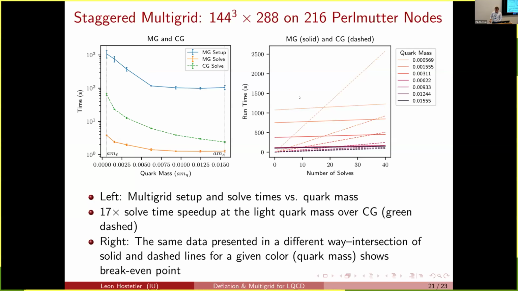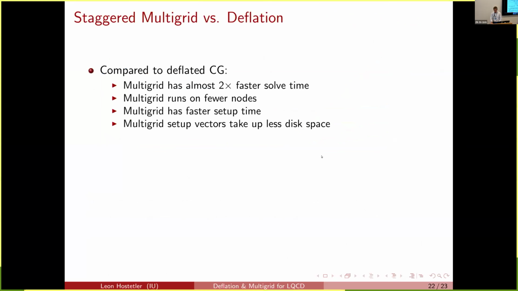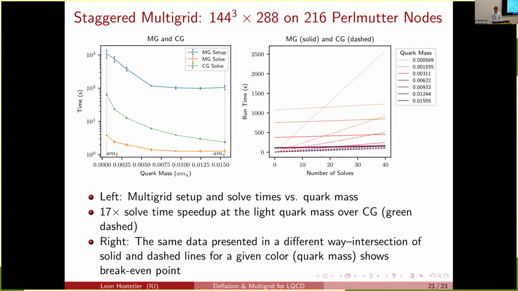The multigrid is given by the solid line, which has a much flatter slope due to being a faster solve time, but it's also shifted vertically because of the setup time. So the intersection point shows that we need maybe something like 15 to 18 solves to break even with CG, compared to, say, hundreds or thousands of solves needed to break even if we're using eigenvector deflation.